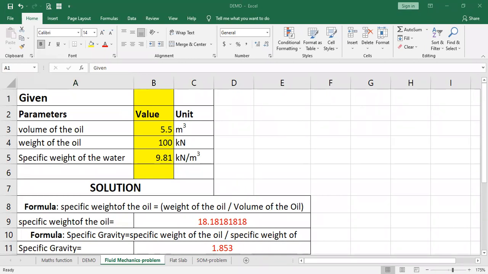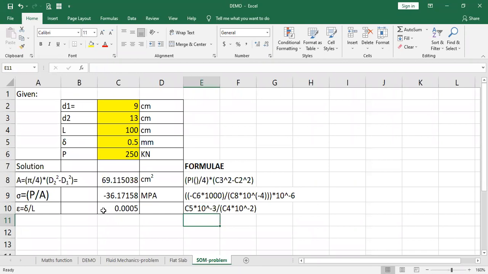Okay, now I'll go to the SOM problem. This is how the different formulas look. Suppose you have a diameter with the value 9 centimeter, and there is another diameter with the value of 13 centimeter.